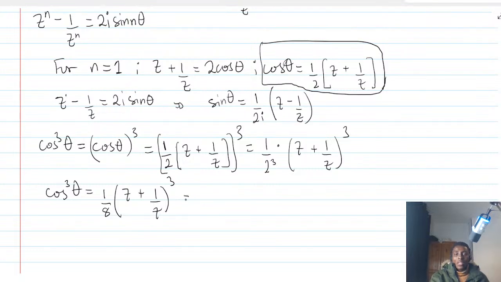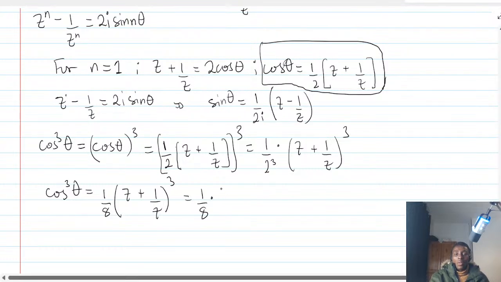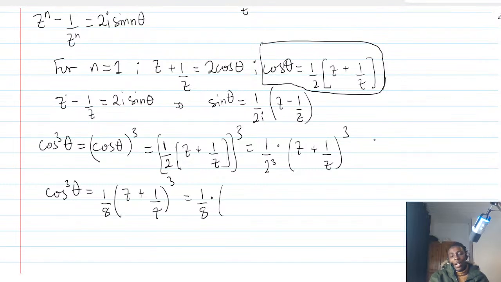If we expand, we are going to get 1 over 8 multiplied by, for this one, we will have to apply Pascal's triangle. So 1 1, then 1 2 1. The first one is n is 0, the second one is n is 1, this is n is 2. Then 1 3 3 1, n is 3.